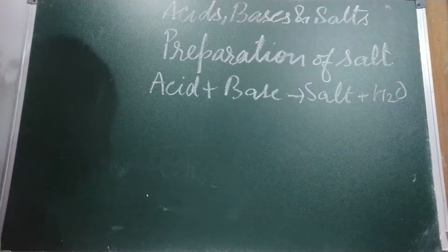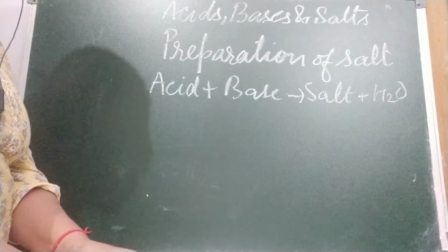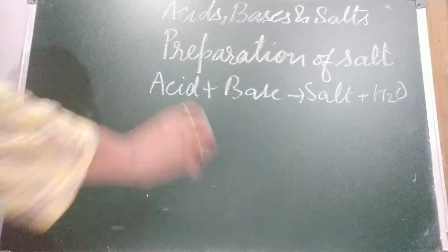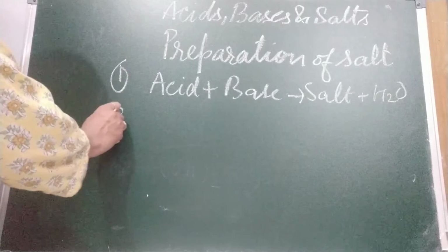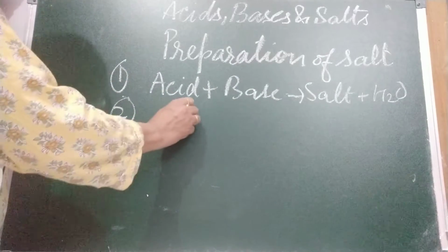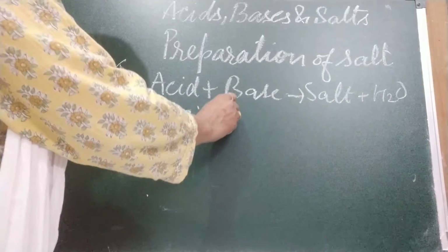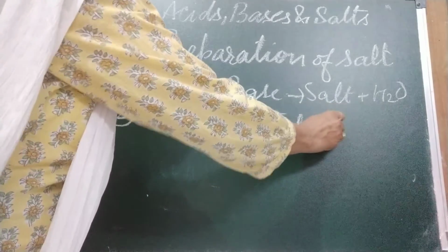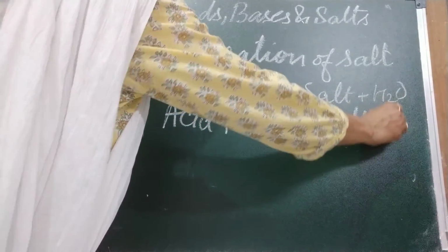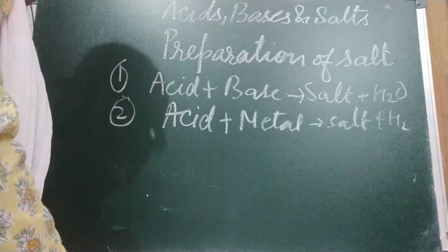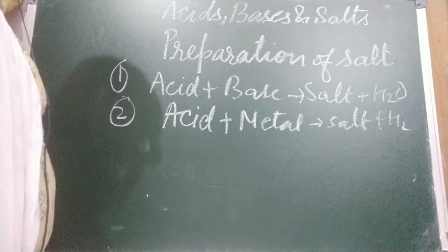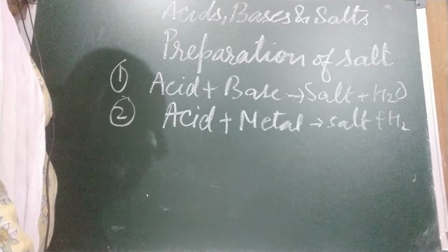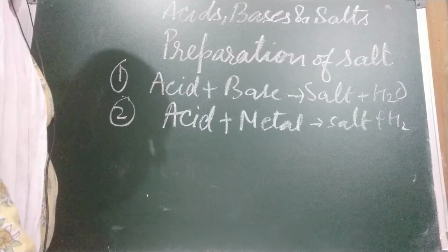Common salt we make this way. Another way I also told you: when acid reacts with metal, it gives salt and hydrogen. And third, children, is the reaction between vegetable oil and caustic soda. By this method we can also produce salts.